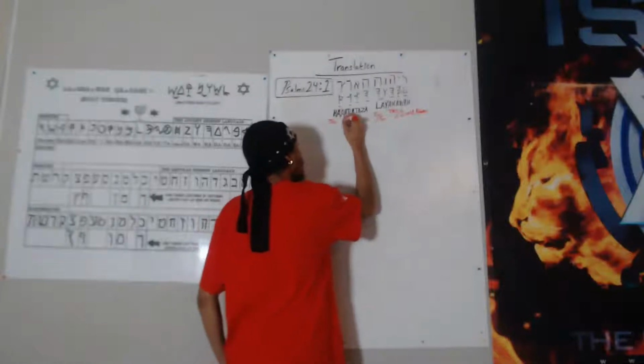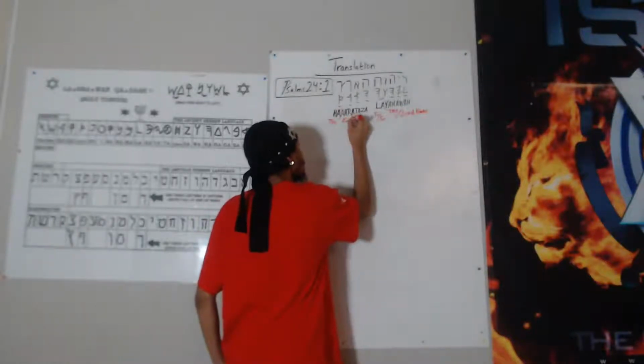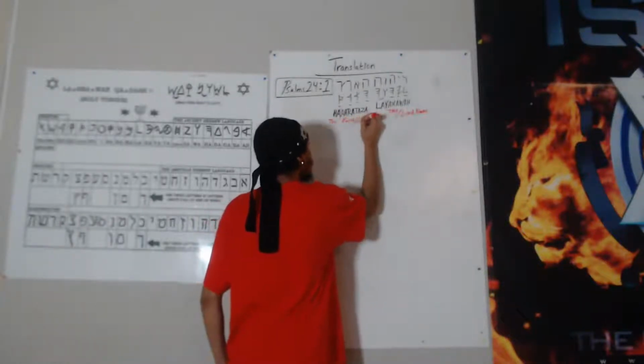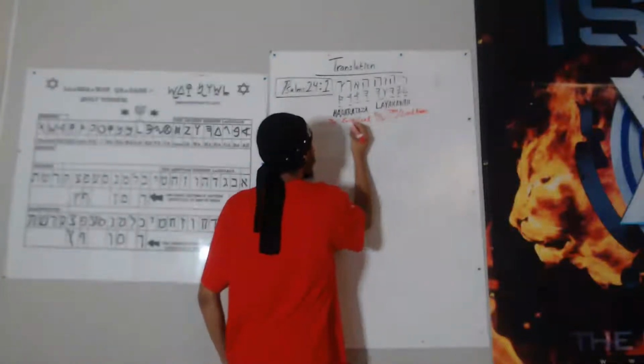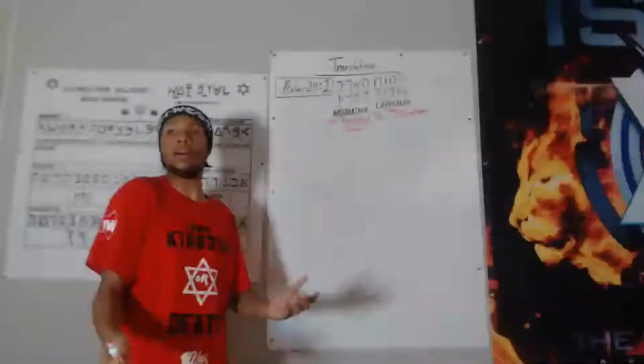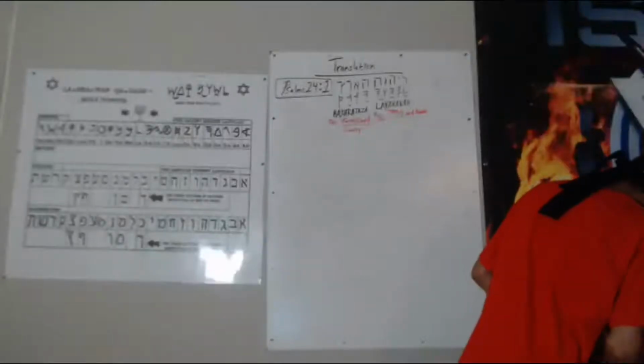Eretz is three different things. We got earth, we have land, and we have now means. I just said it earlier. Do you remember that? It means bread. The means bread. And you're going to see that as well.